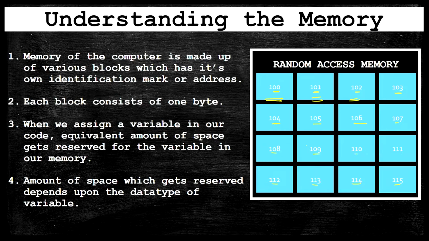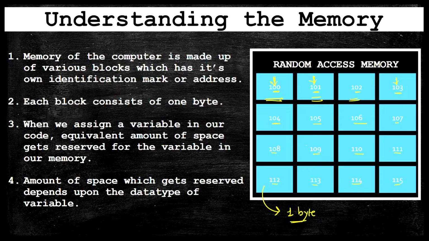These are blocks with separate addresses, right? Now what is the unique thing about this block? This block consists of a unique address. The address of the first block is 100, then 101, 102, like this. And also an important feature of every block is that every block consists of 1 byte.